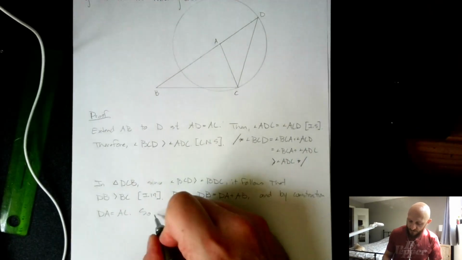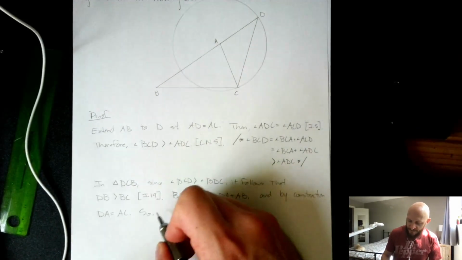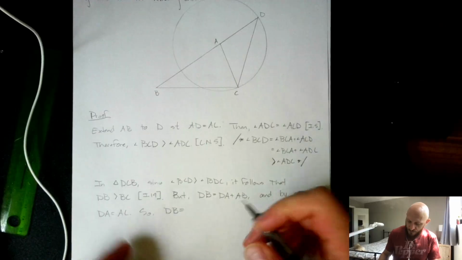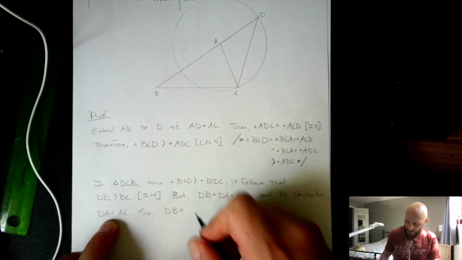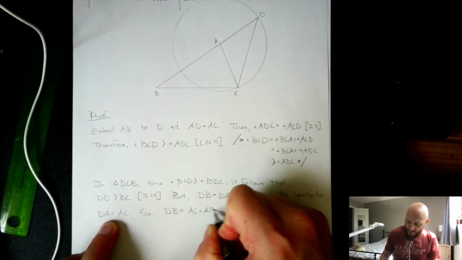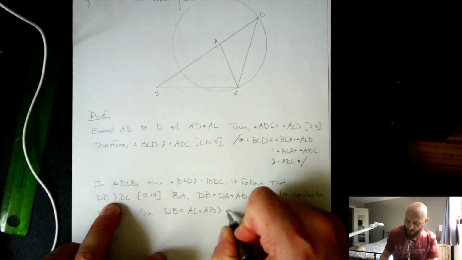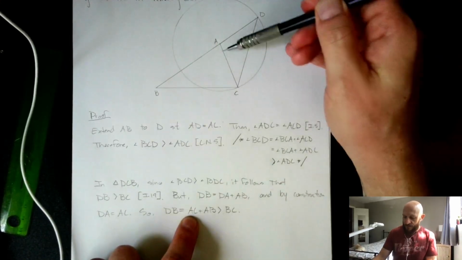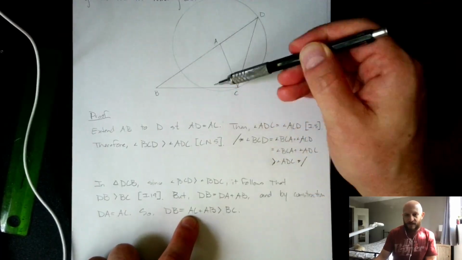So the result follows. We have that DB, which is equal to AC plus AB, is greater than BC. And this is what we needed to prove: AC plus AB is larger than BC.